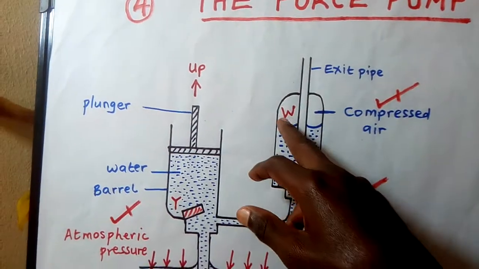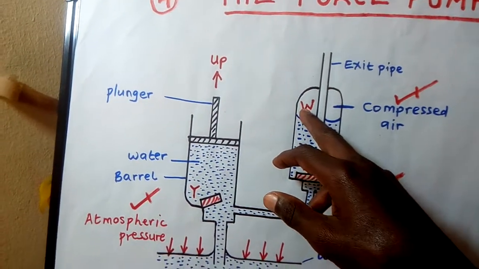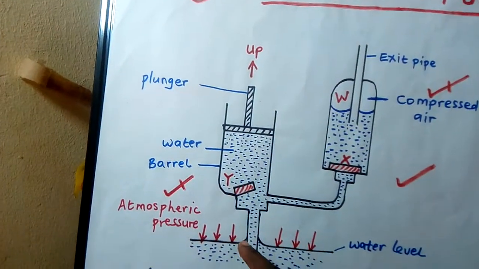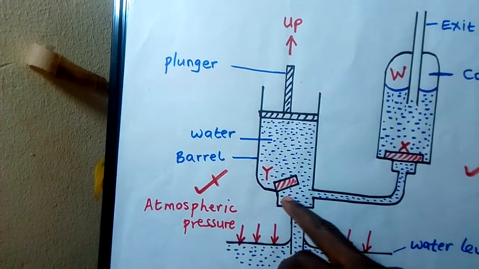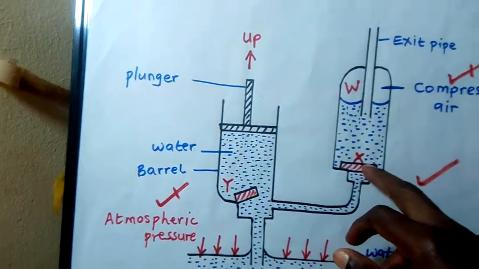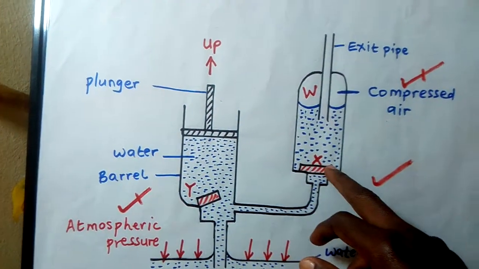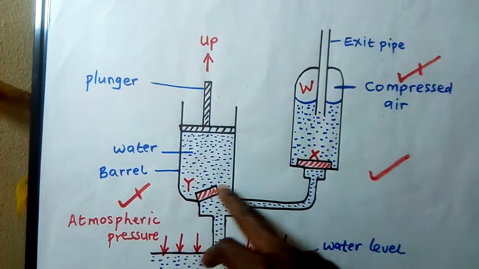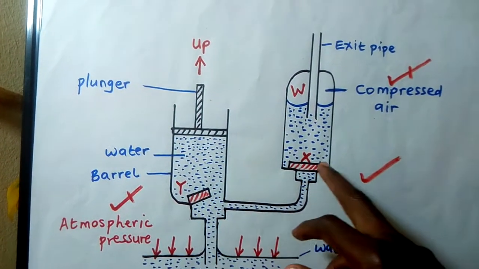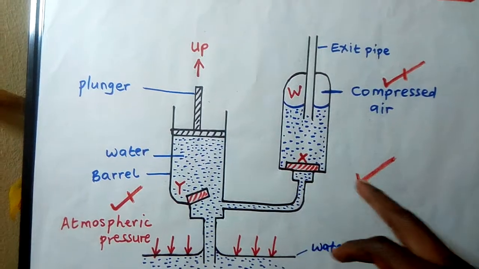So we have labeled here this space W. Then we also have two valves. There is valve Y, this one. It is now open so the water can go, while there is valve X which is closed. Now what is interesting about the force pump is these valves: when one is open, the other one must be closed. You see?